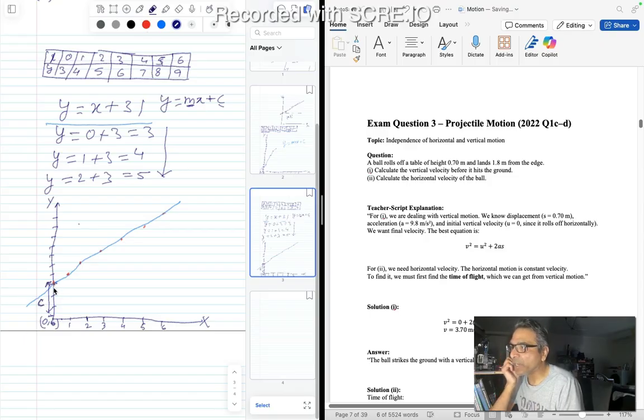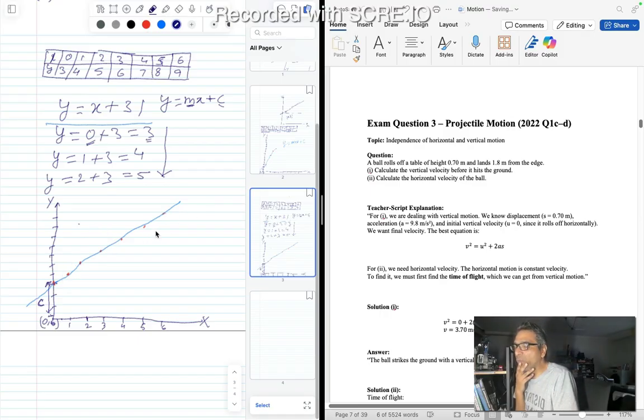Because once we put 0 here, what will we get? 3, right? In any equation, when x is 0, y equals c, right? So that's the intercept.